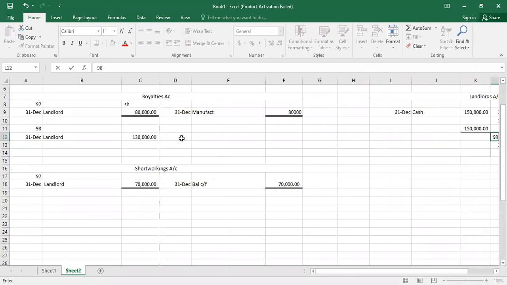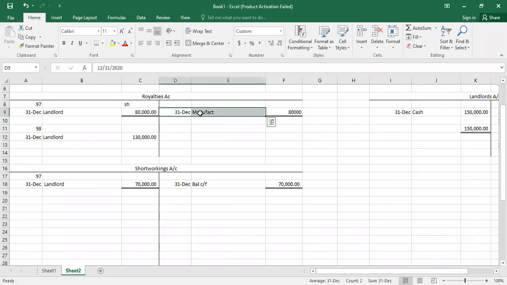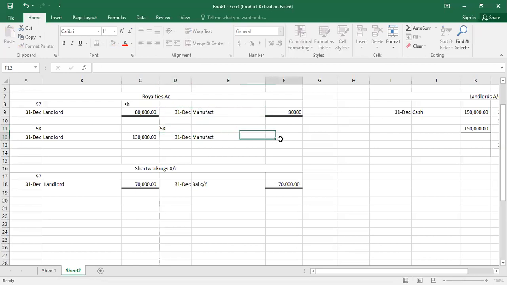So we are closing this account as at the end of the period. Manufacturing. So the year is 98. It's 130. 130.